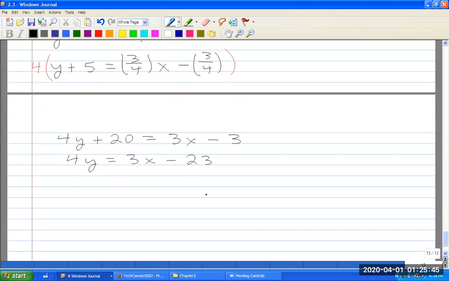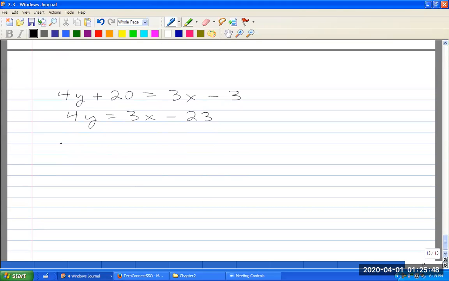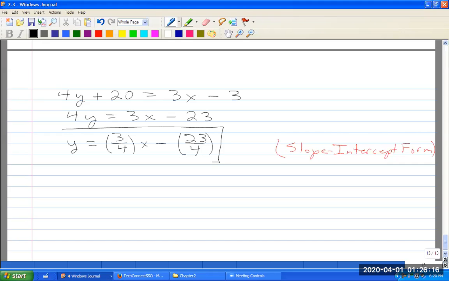Divide both sides by 4, so y is equal to 3/4 x minus 23 over 4. This is in slope-intercept form, and that is the form that we want to write our answer. And so this is my answer.